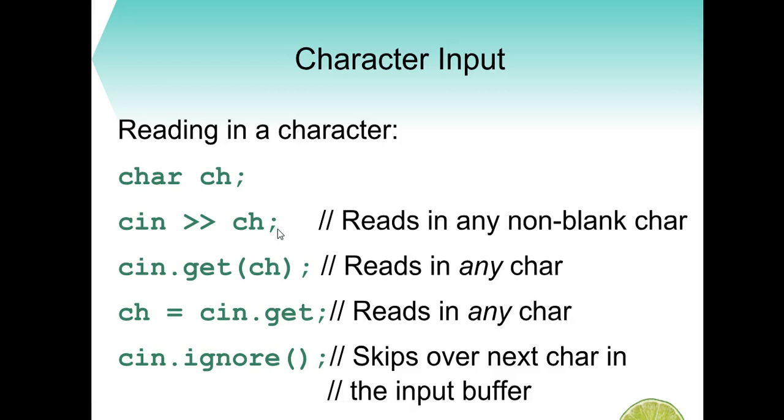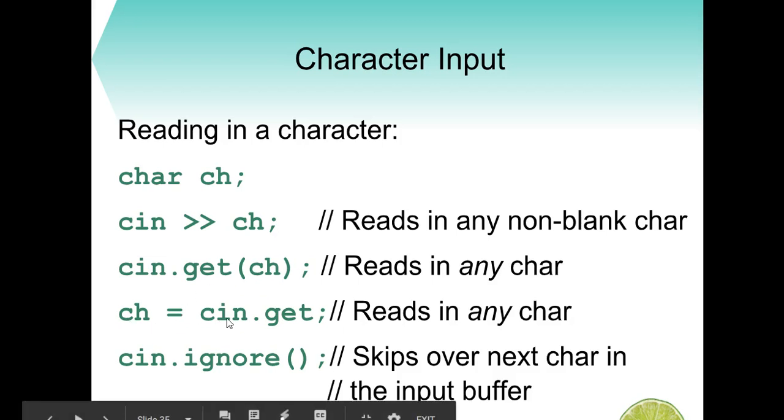When you read in a single character, you can just read in cin ch. Ch is our variable that holds a character, as long as it's a non-blank character. Or you can use cin.get. That reads in any character also. You can assign the character to cin.get, and you can also use cin.ignore, which skips over the next character in the input buffer.